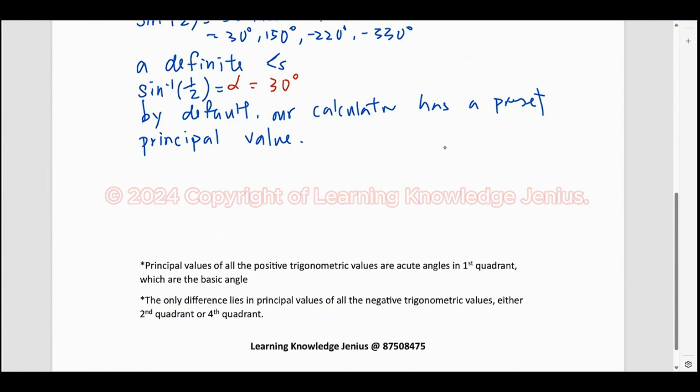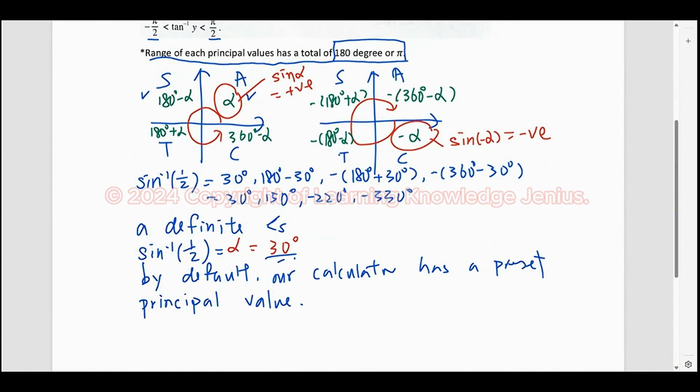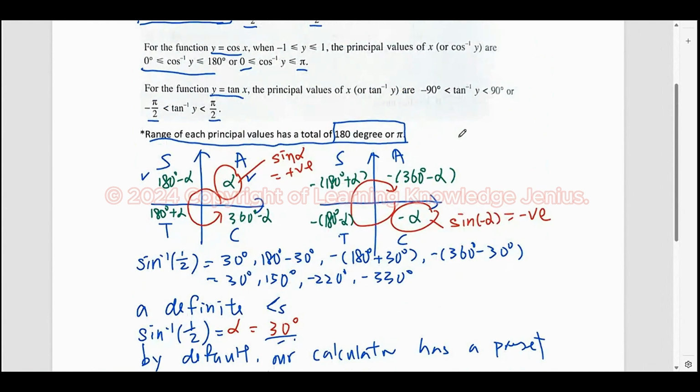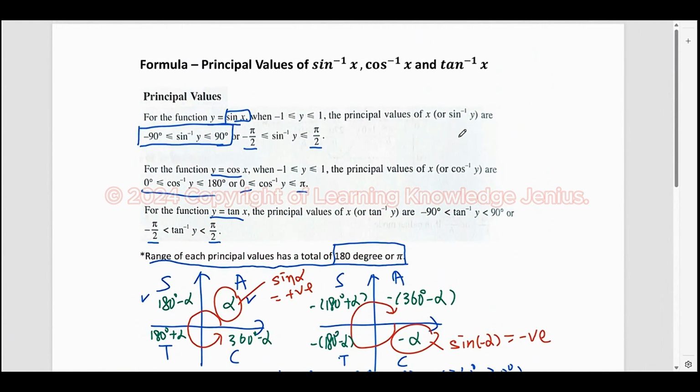Another thing to take note of is that the principal value of all the positive trigonometric values are acute angles, meaning they are in the first quadrant. So they will be equivalent to your basic angle, which I just demonstrated. If you are solving the principal value for inverse sine, inverse cosine, or inverse tangent, and your value is positive, it will always be restrained to the first quadrant, which is the basic angle.